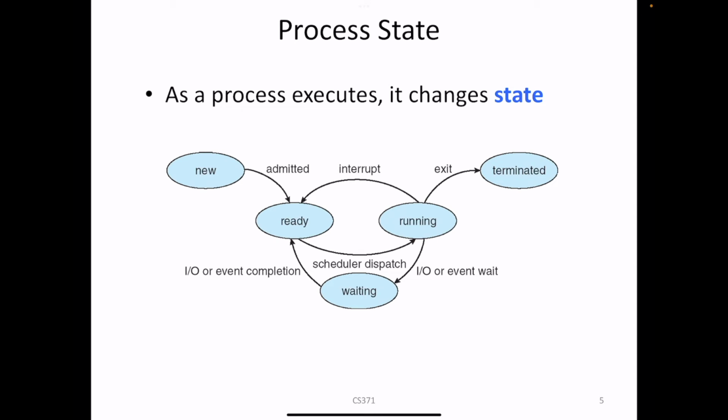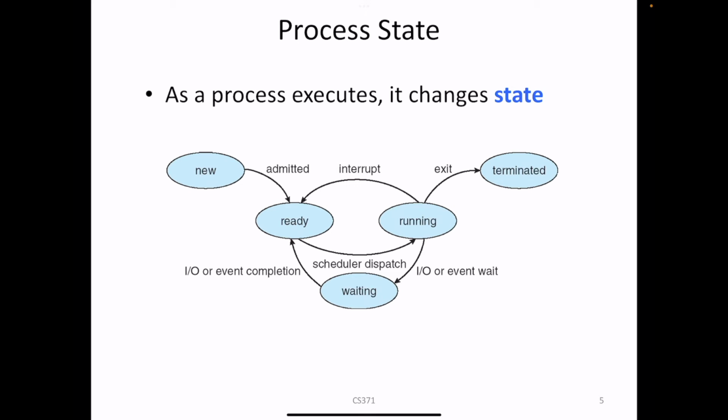When some event happens, the current process will be interrupted and moved to the ready state. As the interrupting event finishes, this process will be moved to the CPU again, and the state will be changed to running as well. During the running state, the process may need to do some I/O, requesting the device controller to perform some actions. Then the state will be changed to waiting.